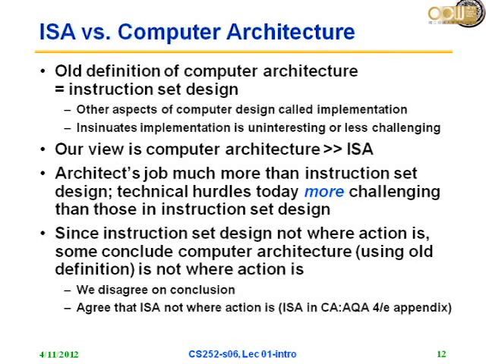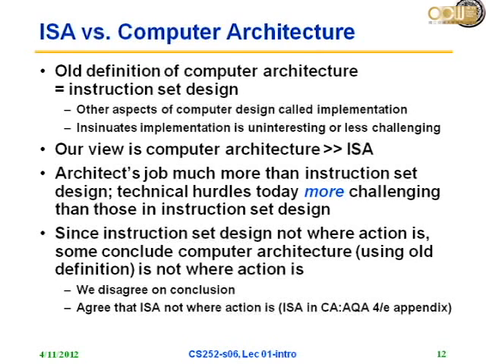Okay, but other aspects of computer design were called implementation, which insinuates implementation is uninteresting or less challenging. That was the old concept. Our view is, however, computer architecture is more than instruction set architecture design.